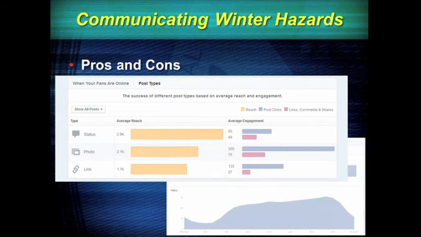Just a little pros and cons regarding the different types of posts. You'll see that status posts as well as photos usually do the best when it comes to post clicks as well as likes, comments, and shares. We have found links do not fare as well, especially when it comes to engaging our users and facilitating discussion.